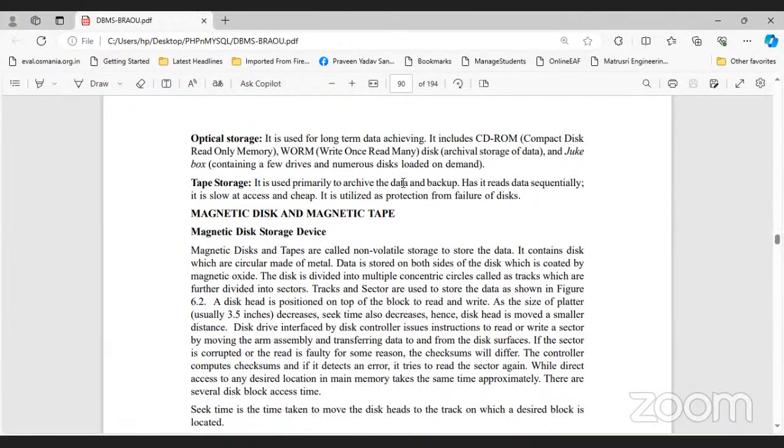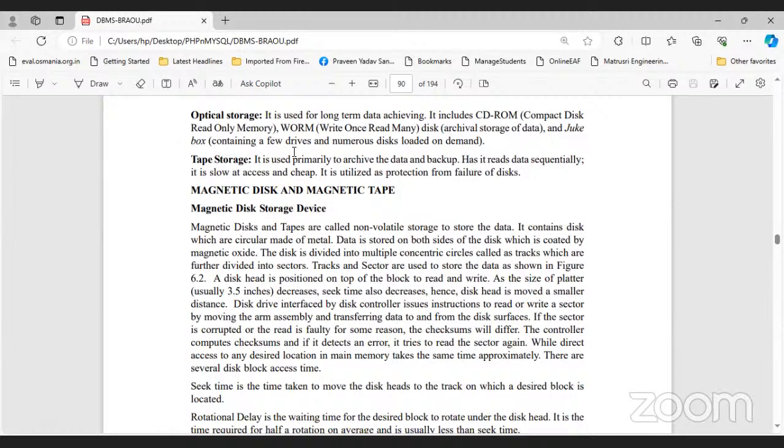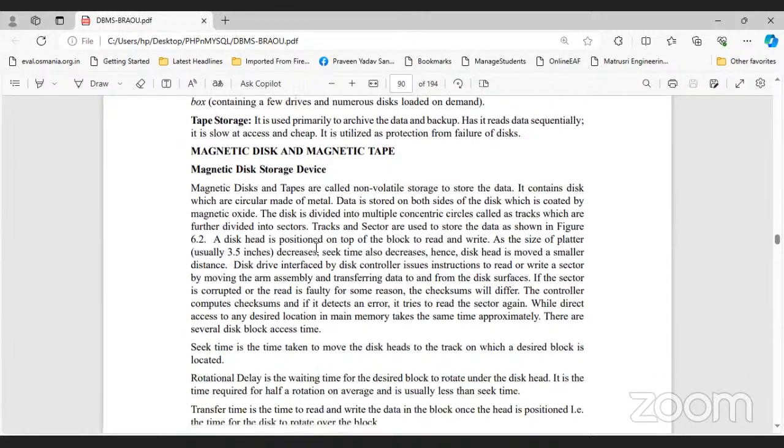In that tape they store the data, so you can access the data sequentially. It is not possible to access it randomly. The next one is the magnetic disk and the magnetic tape, already discussed.